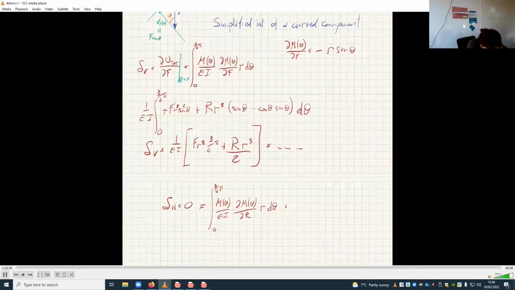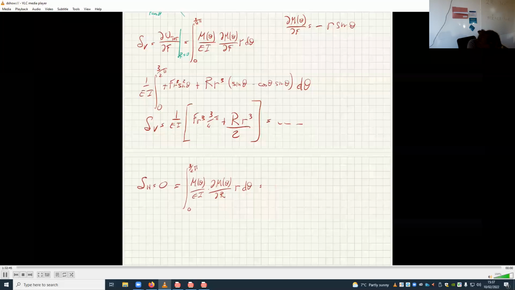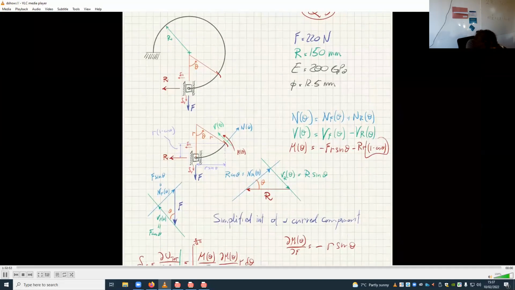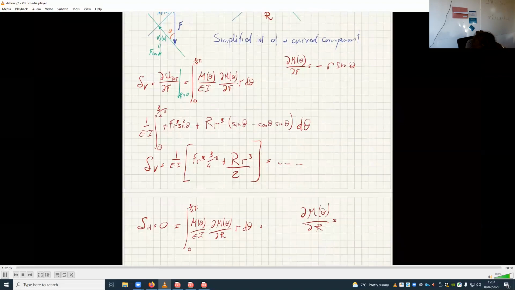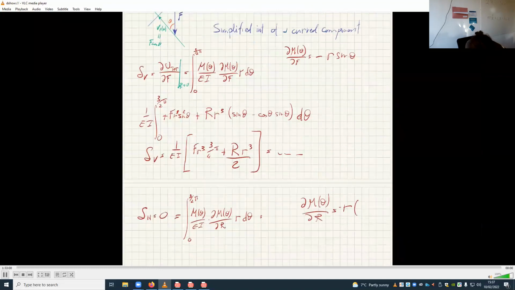So this is exactly the same. No, it's not the same, because we have to find dm over dR. So dm theta in dR, this is 1 minus cosine of theta. So r times 1 minus cosine of theta, negative. Okay.